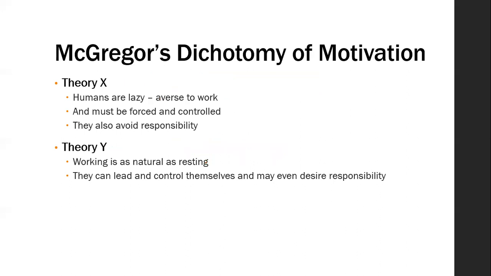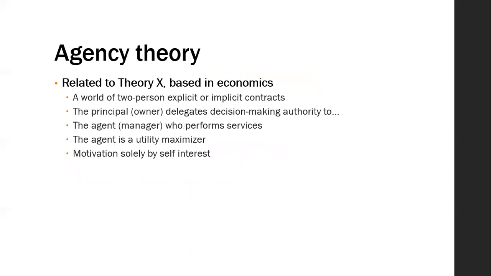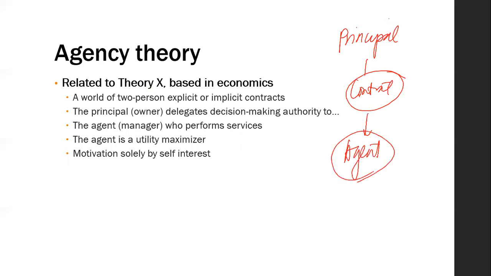Okay? Let's talk about agency theory, which is theory X. Okay? So related to theory X, that's the agency theory. And just as a review, for agency theory, there is a principal who, through a contract, contracts an agent. Right? Yan yung essentially agency theory.